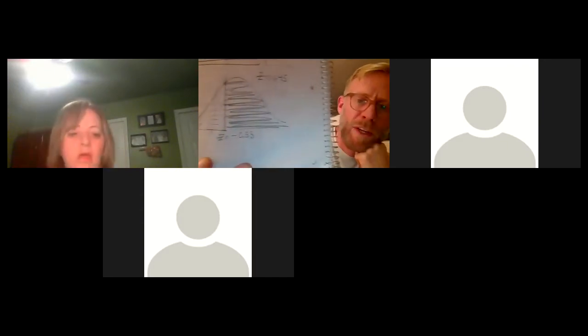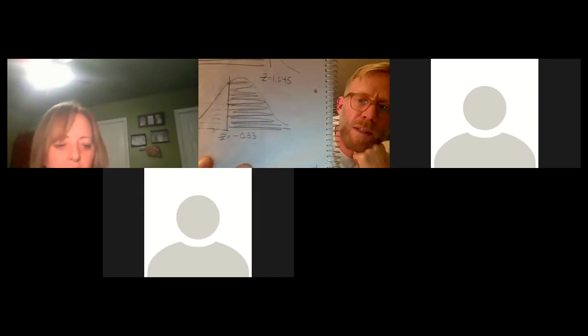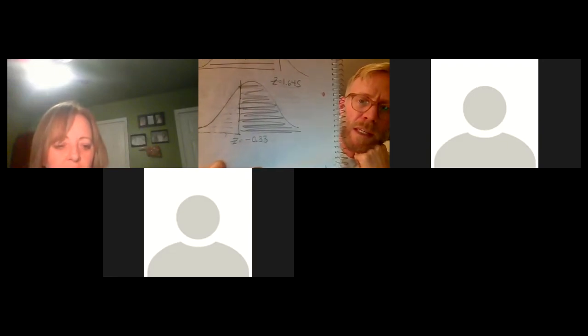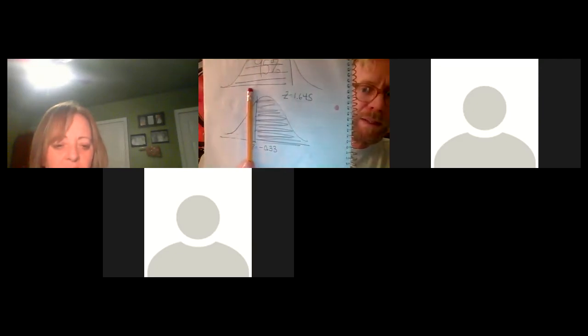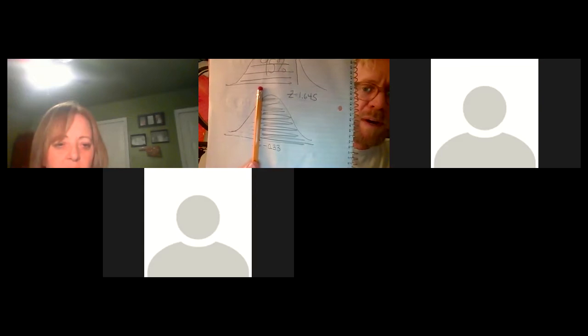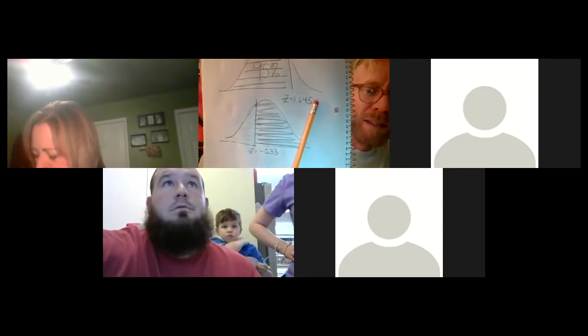Take a minute and look at this picture. Okay, so I've marked a z-score. So here's the line. Here's my z-score, and that corresponds to negative 0.33. But in this case, I'm wondering about the area to the right.